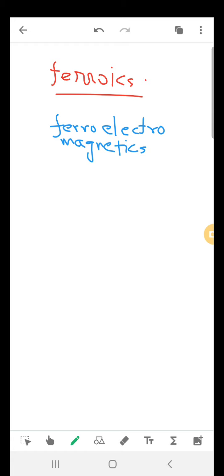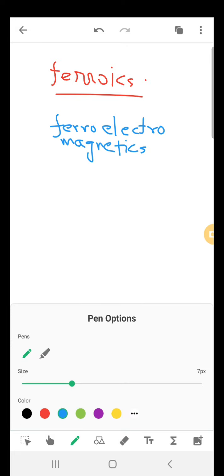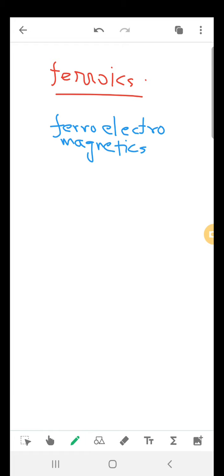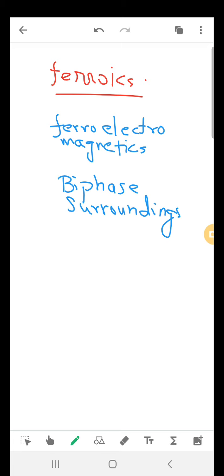Magnetoelectricity needs a biphasic surrounding to exhibit the behavior. The primary magnetoelectric material becomes magnetized when placed in an electric field and electrically polarized when placed in a magnetic field.